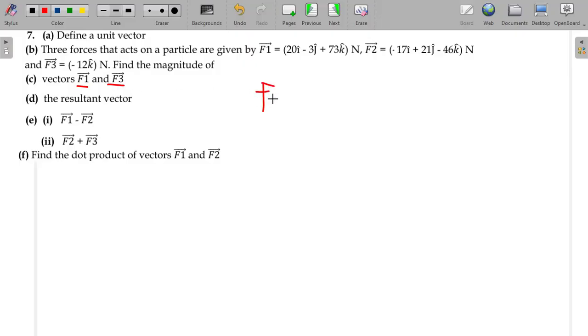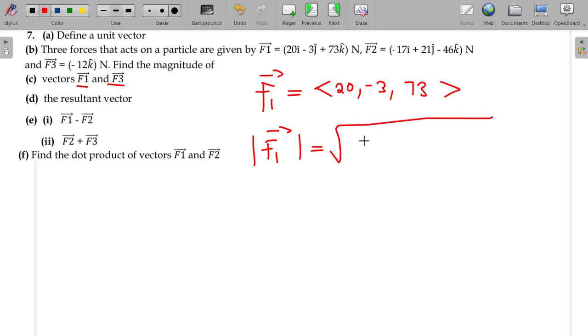F1 I'll write in this form: the coefficient of i is 20, the coefficient of j is minus 3, the coefficient of k is 73. To find the magnitude of this force, we square each and every coefficient, add them, and then take the square root.